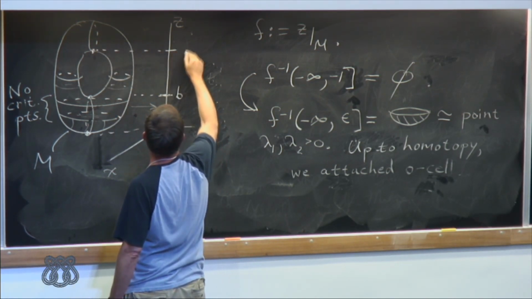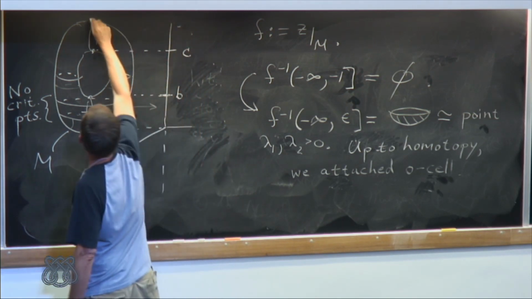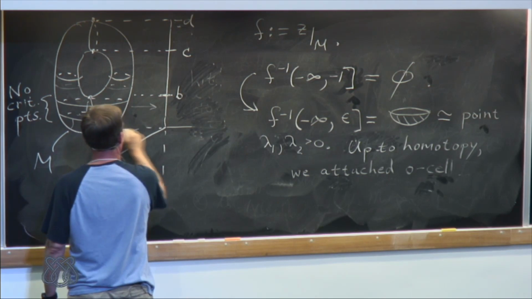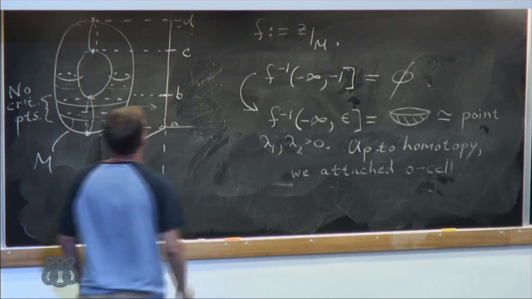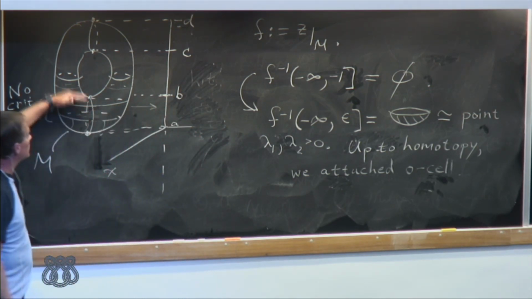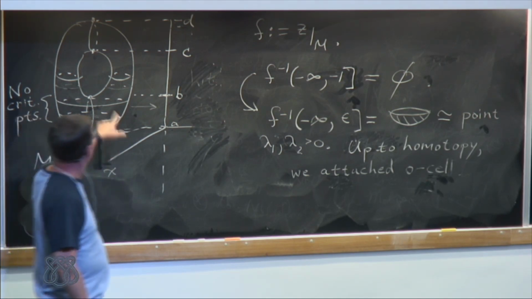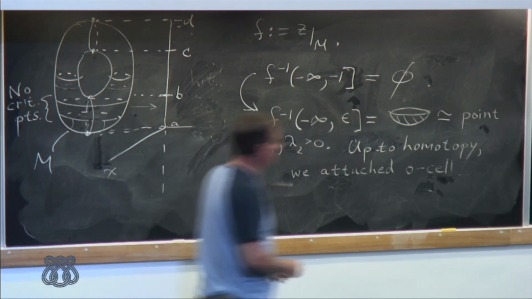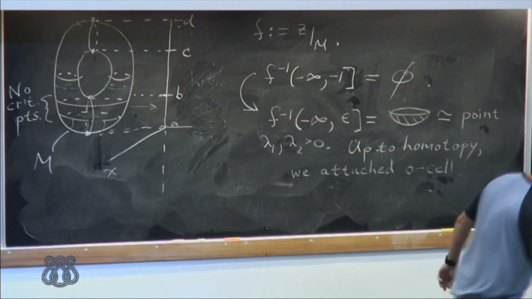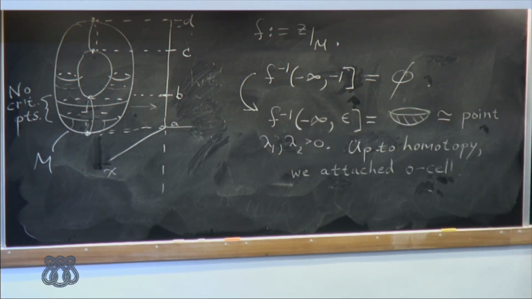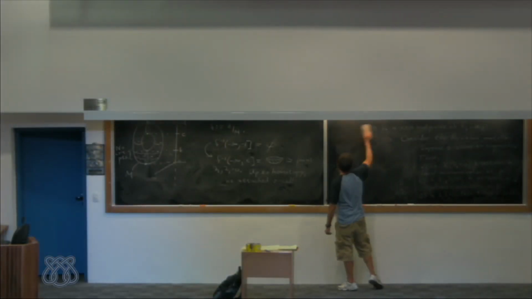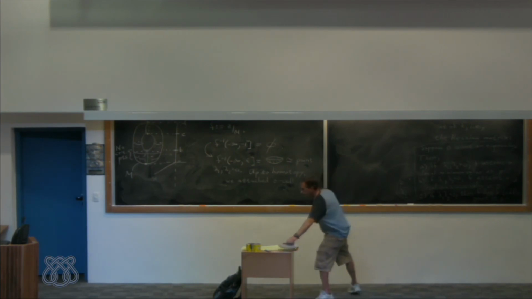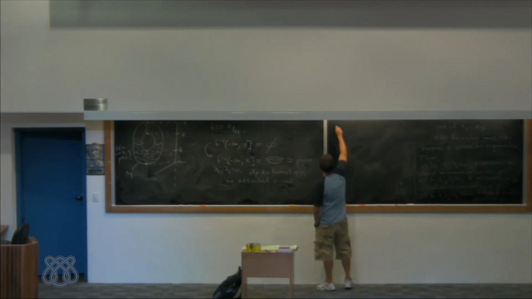Let's call this one C, and I'll call this one up here D. So this one, of course, was A. What happens is we pass through the critical point at B. First of all, that critical point is a saddle point. So passing through B.